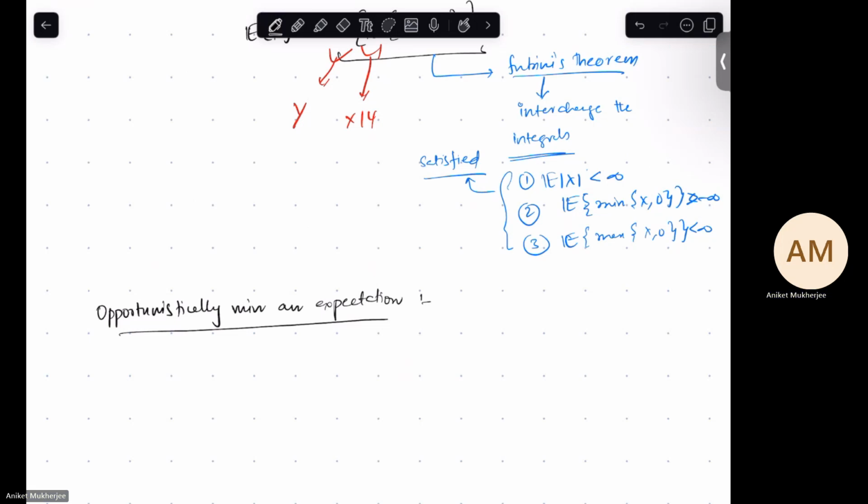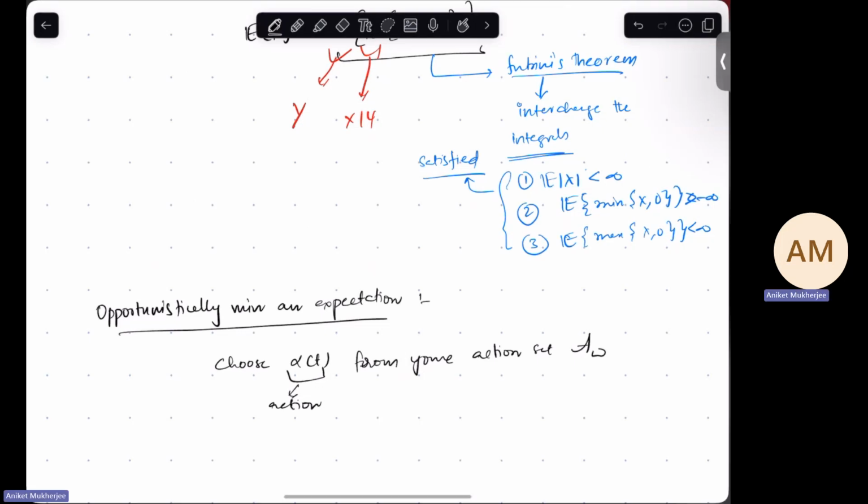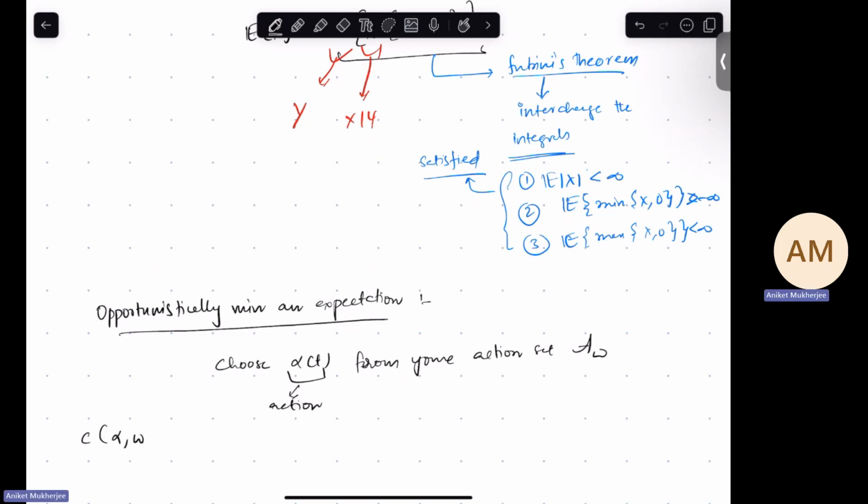Whenever you choose a control action alpha from some action set A_omega, so you choose alpha(t), which is your action, from your action set A_omega, you incur a cost of C(alpha, omega), which I'll just say is a general cost function.